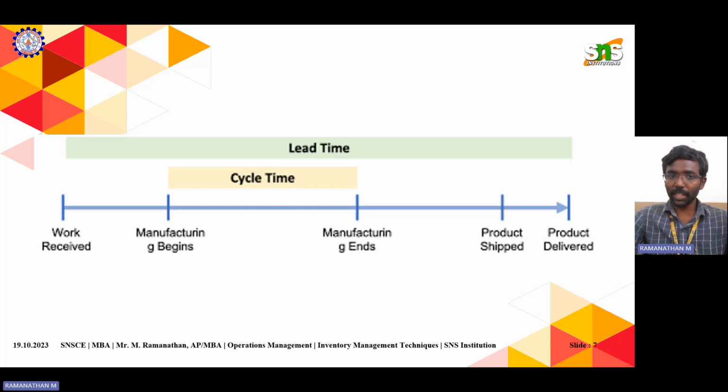So what is cycle time? Cycle time is when the manufacturing begins and the manufacturing ends. When I pick my raw material for the manufacturing process, from the start of manufacturing till the end of manufacturing, I call it cycle time.